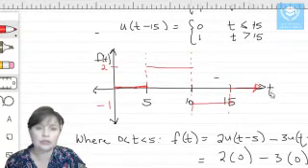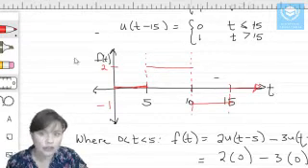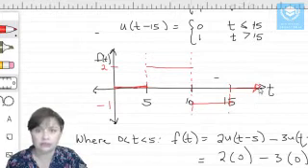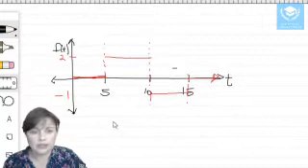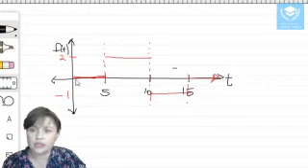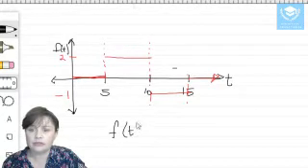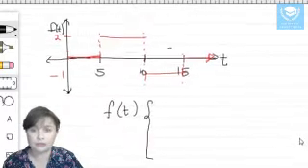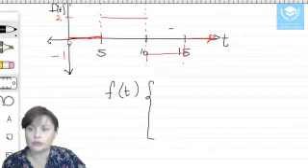There's no constraint there. Okay, so now that you've got the graph, you can convert this into the notation for the discontinuous function, which I'll show you now. When writing this discontinuous function, you'll see that your function is divided into 4 pieces. So we write f of t is going to be equal to 4 different values.